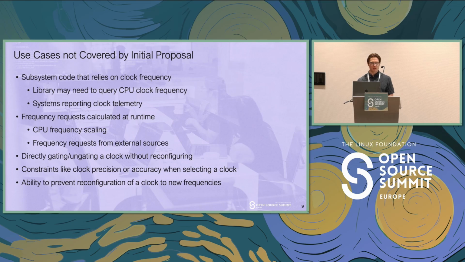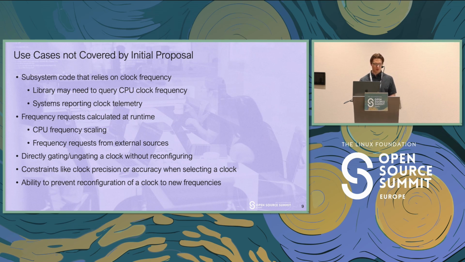So for example, with a PLL, you could not explicitly say power this on, power this off. And there was no support for the ability to set additional constraints on a clock beyond frequency. So you could request a frequency and have the subsystem figure that out for you, but you couldn't make a request saying, I want a clock that is 50 megahertz and 10 parts per billion accuracy or better.